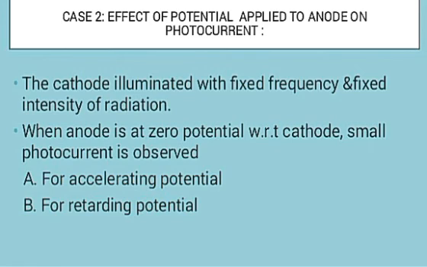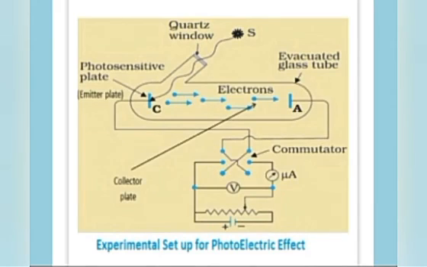Here there are two types of potential. First one is accelerating potential. Positive potential is called accelerating potential. In experimental setup, anode is made positive and cathode is made negative by using commutator key.